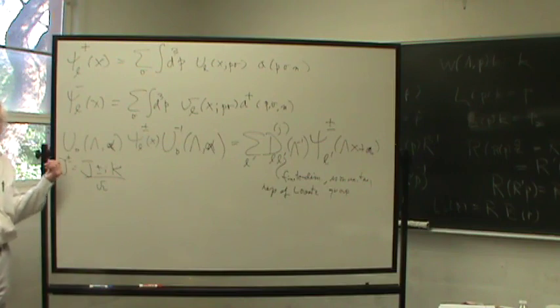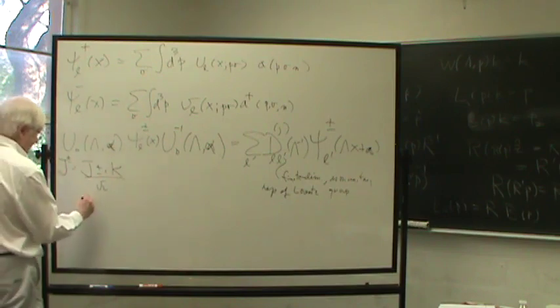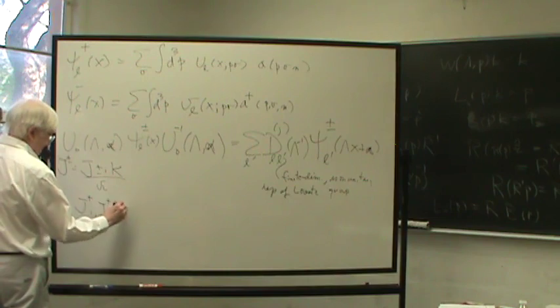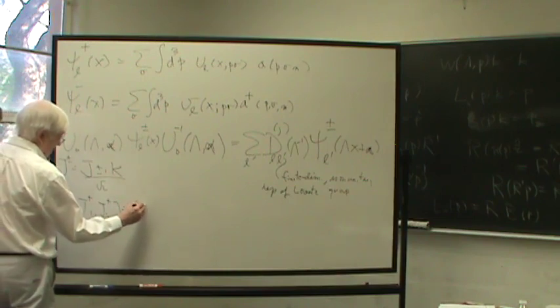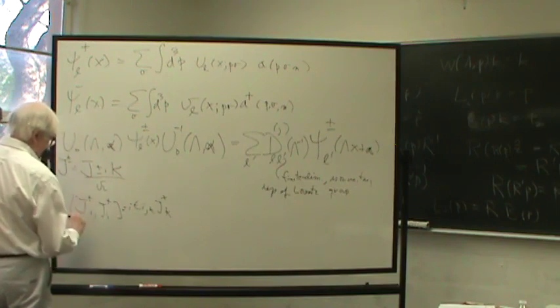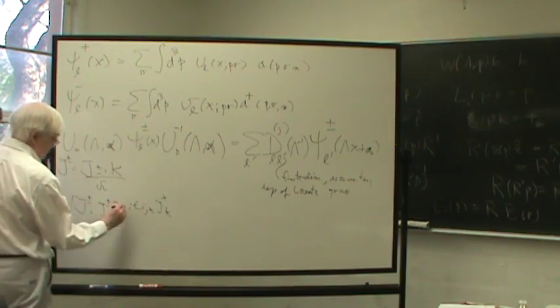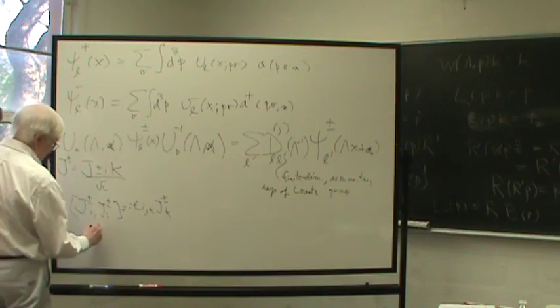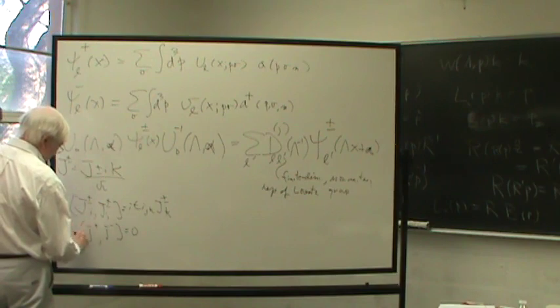These have commutation relations that are just: J plus i, J plus j, is i epsilon ijk J plus k, and the same thing for minus, with a minus there, and J plus with J minus is always 0.